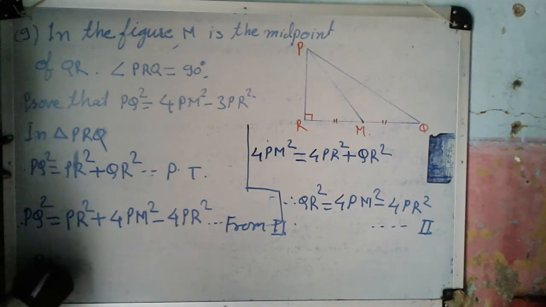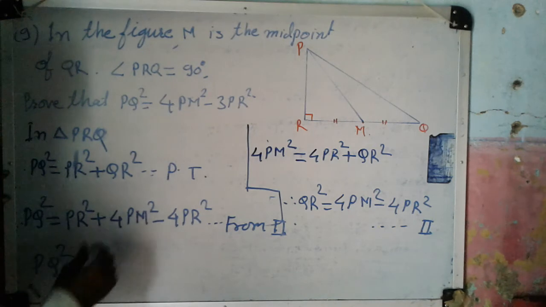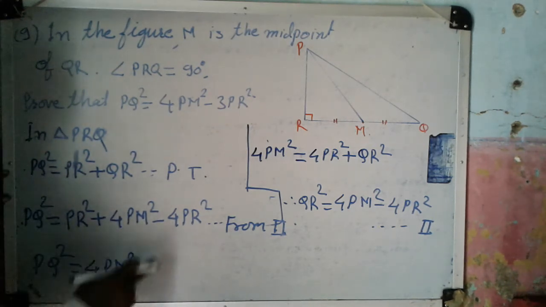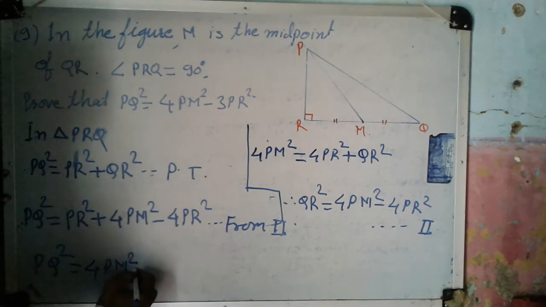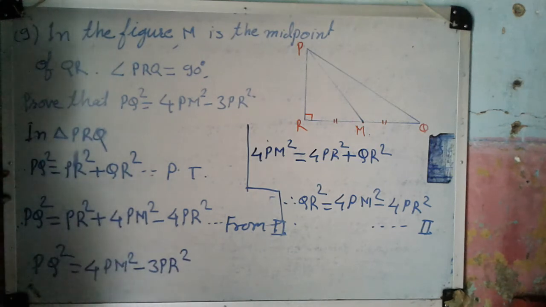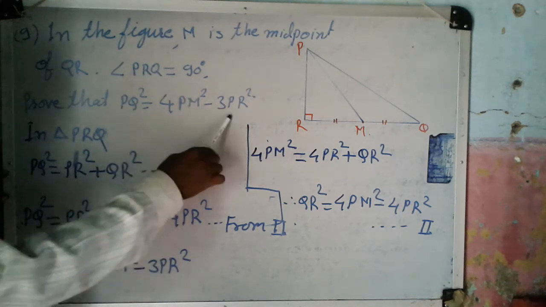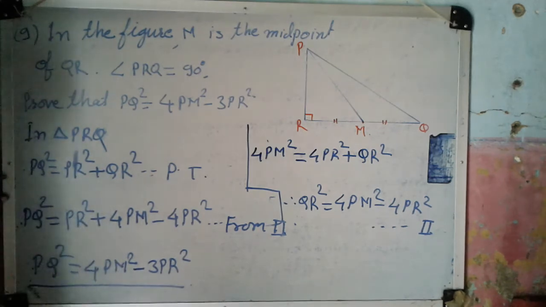Therefore, PQ square is equal to 4 PM square as it is and minus 4 PR square plus PR square. That means 1 minus 4 will be minus 3 PR square. And therefore, this is our proof. PQ square is equal to 4 PM square minus 3 PR square. This is the proof.